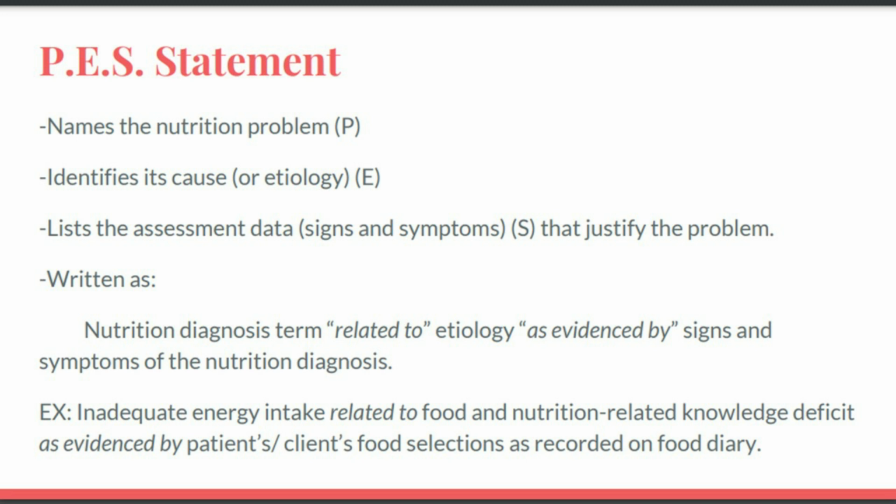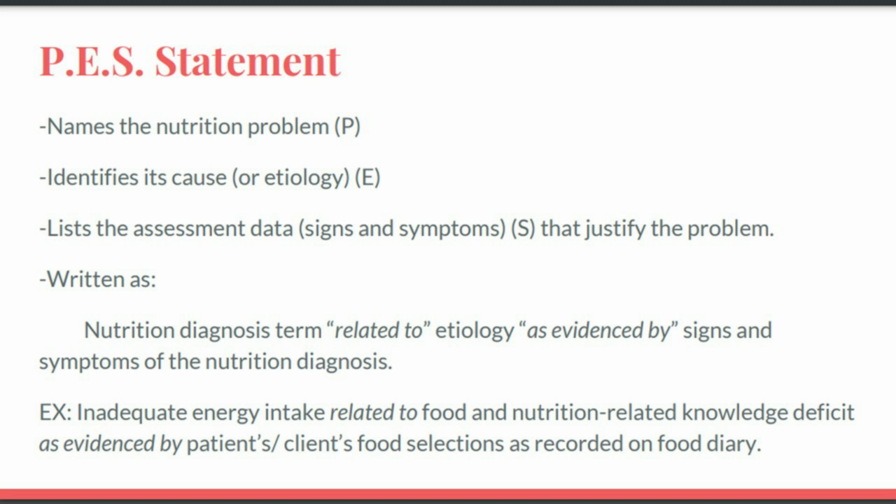You would identify the signs and symptoms associated with her nutrition problems. Signs are the objective or measurable data. This includes measured values and time frames, and symptoms are subjective or reported data. A patient will list their signs and symptoms.